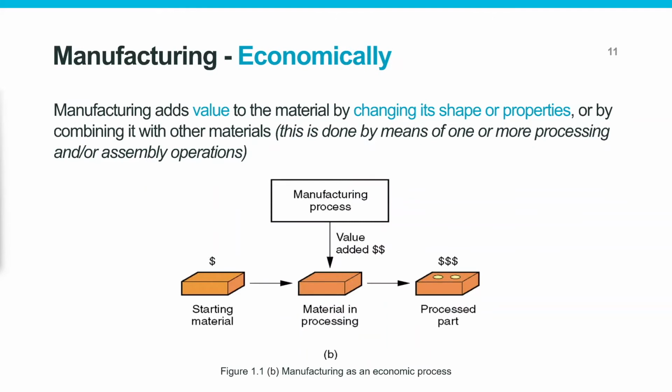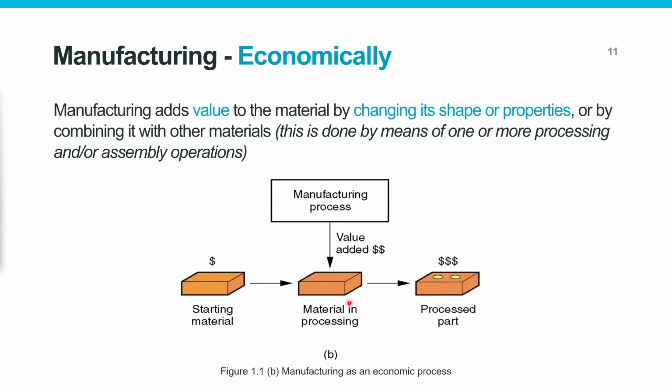We also said manufacturing is economically important. Manufacturing adds value to the material by changing its shape or properties, or even by combining it with other materials. That can be done by one or more processing operations as well as assembly operations. Let's say you have a starting material, a block of material, for instance wood, which has its own cost.